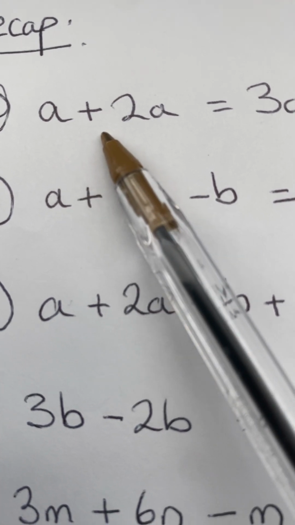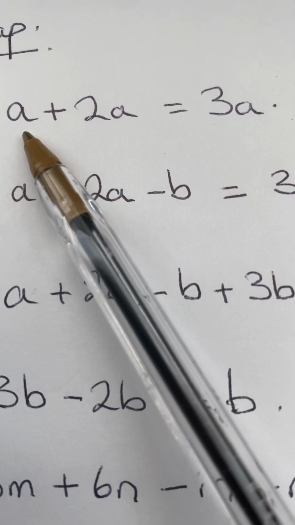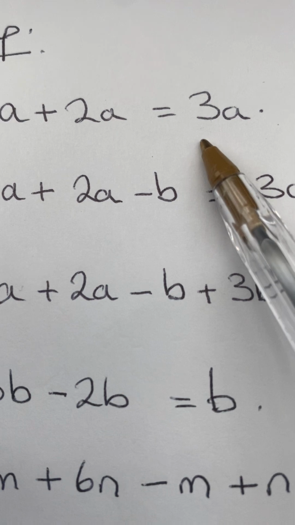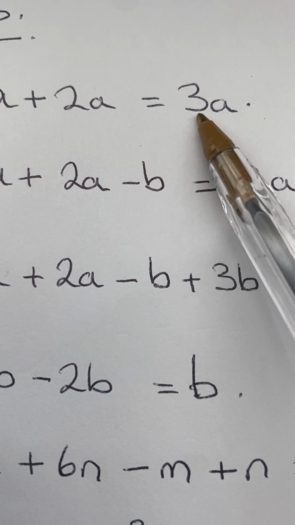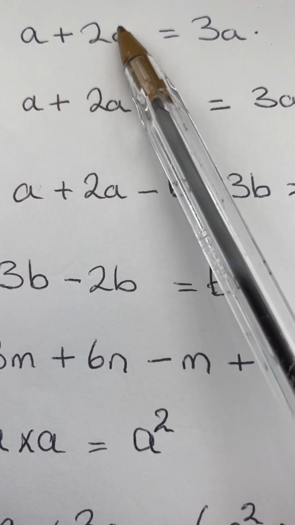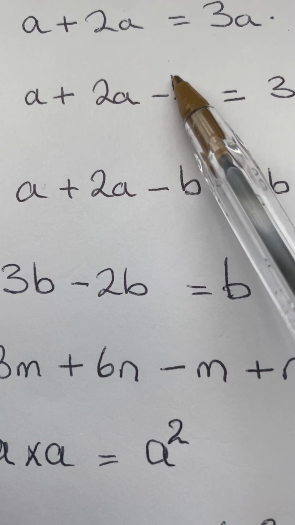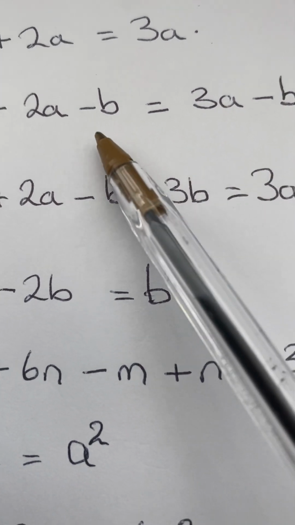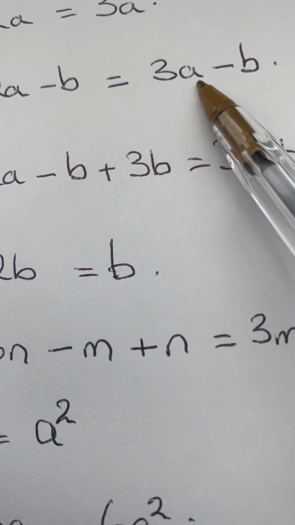Okay, so the first example we have here is 8A plus 2A. So as I explained earlier, A is like an apple plus 2 apples. So you are adding, so it's straightforward. So it's 3A. So it's like 1 plus 2, 3, and you add your A. Then B here is the same thing, A plus 2A, but we have a minus B. So A plus 2A is 3A, then minus B. We can write minus 3ab.